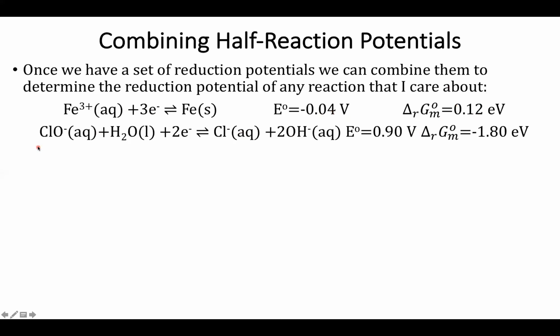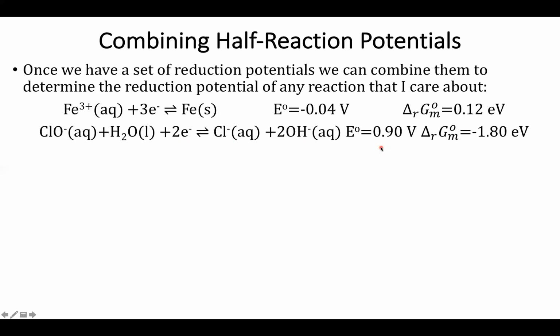So we can do a similar reaction for the reduction of bleach. So bleach, or hypochlorite, can essentially combine with water and 2 electrons to form a chloride ion and some hydroxide. And again, under standard state basic conditions, so this does include 1 molar hydroxide.